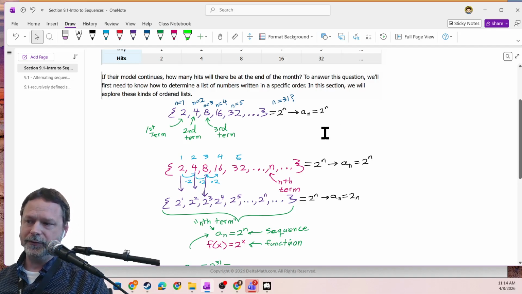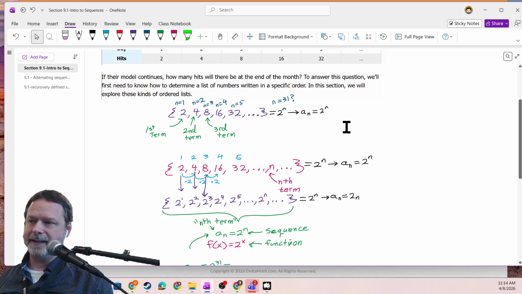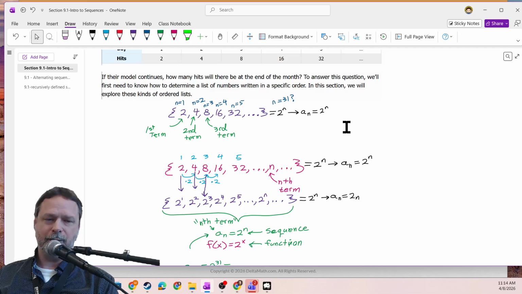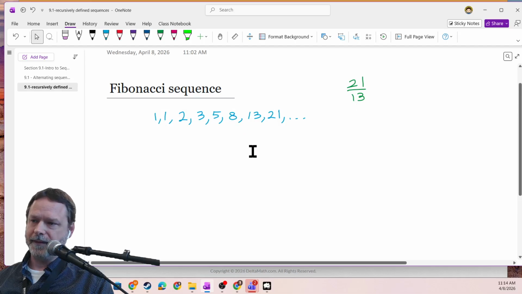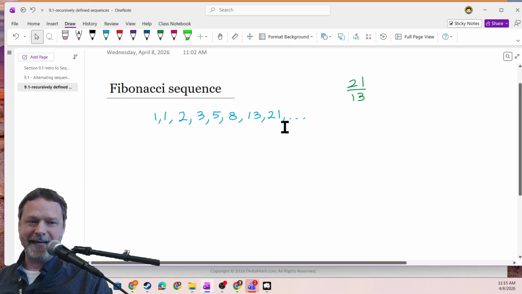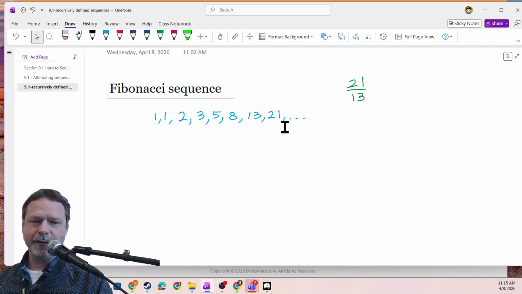These are powers of 2. And then if I want the 5th term, I just plug in 5. If I want the 21st term, I plug in 21.